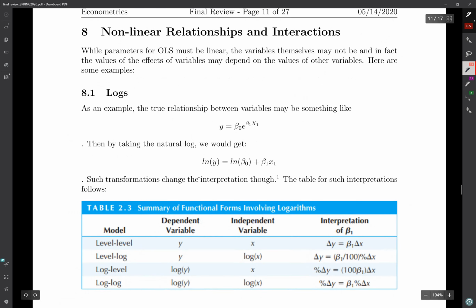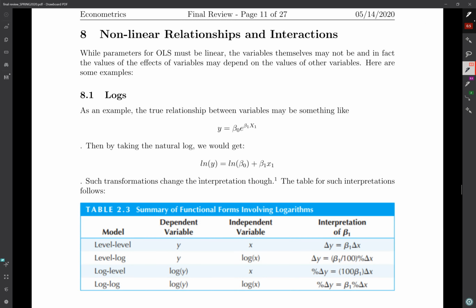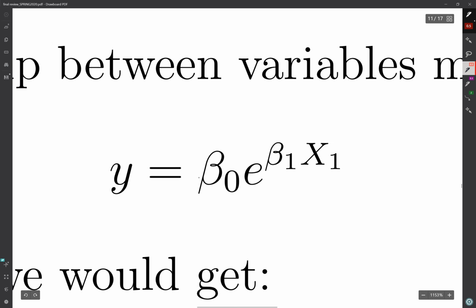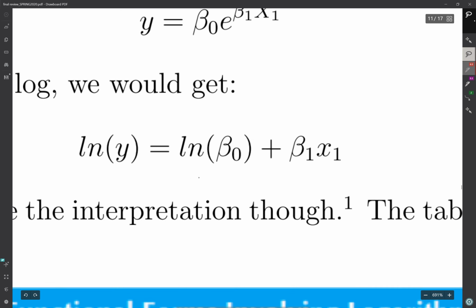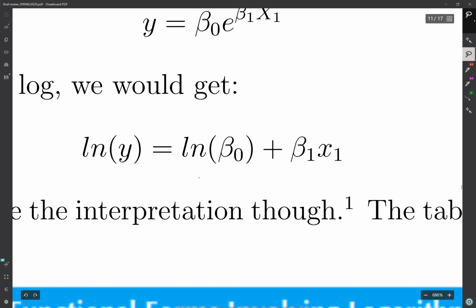Okay, and now let's chat about nonlinear relationships and interactions. So we may have some sort of a relationship that actually looks like this. If we took the natural log of both sides, then it would look like this. This looks like something that's doable as far as linear regression goes.